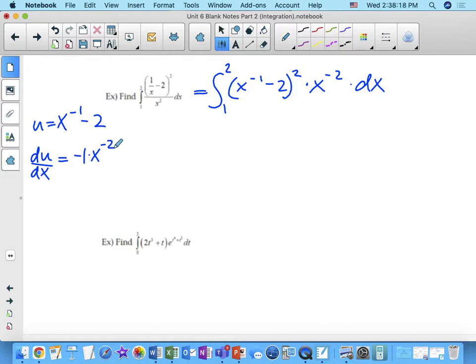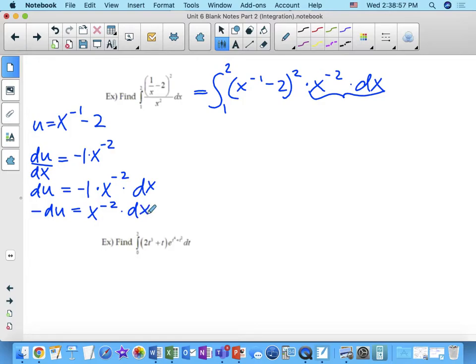Now, what we actually need to replace when we do our substitution is this. So there's a little bit of manipulation that has to go on here. First, I'm going to multiply both sides by dx, so I'm going to have du equals -1 times x to the -2 dx. And then I have to divide by -1. So this is going to be negative du equals x to the negative 2 dx.